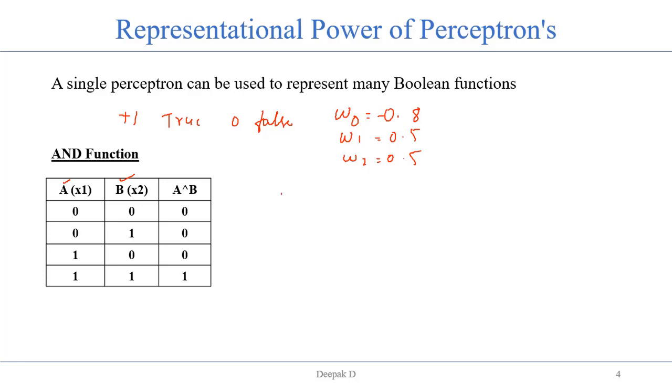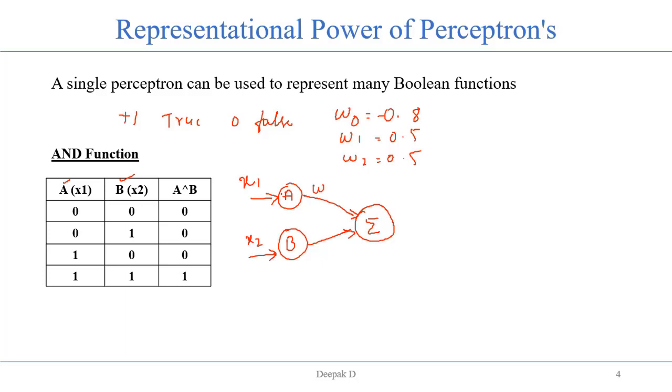There are two inputs, one with respect to A and another input B, which I take as x1 and x2. These two values, x1 and x2, are given to the next step, that is summation. So these two input values are summed up with the weights.